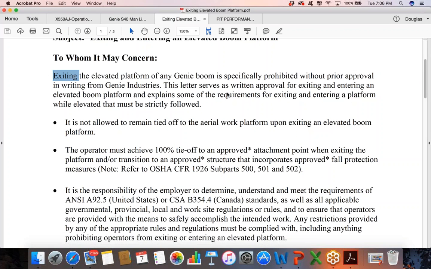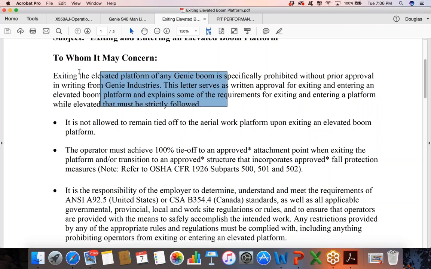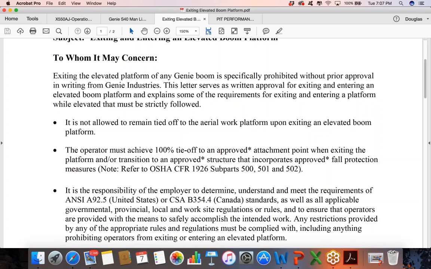Look what the first thing they say here: it's prohibited for users to exit that vehicle without prior approval from Genie. When are they going to give us prior approval? When we have a swing gate, basically, because it's designed for us to exit the vehicle.